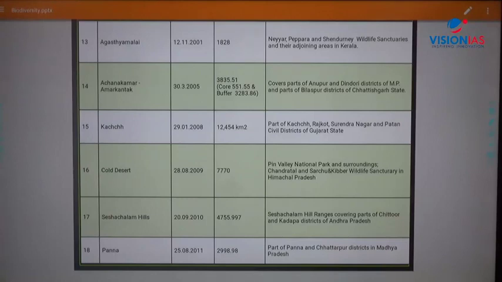The eighth UNESCO Biosphere Reserve is Achanakmar-Amarkantak Biosphere Reserve, located between Chhattisgarh and Madhya Pradesh. UNESCO identified this as a World Biosphere Reserve in the year 2012.